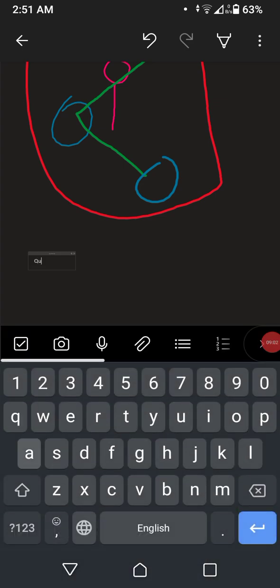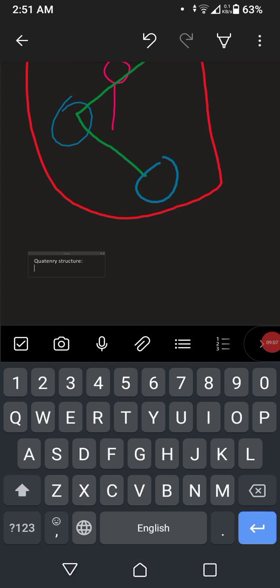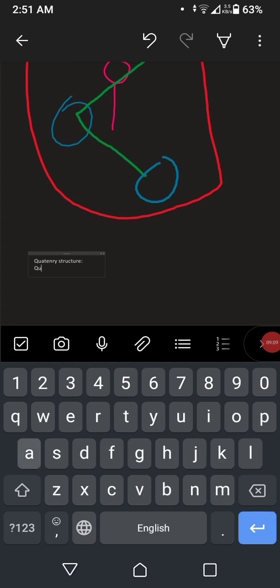This is known as the tertiary structure. And last but not least, we have the quaternary structure of the protein. It is known as quaternary protein, and it is present in blood, and it is a globular protein.